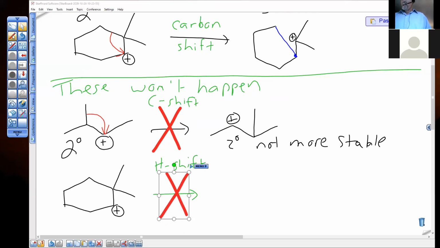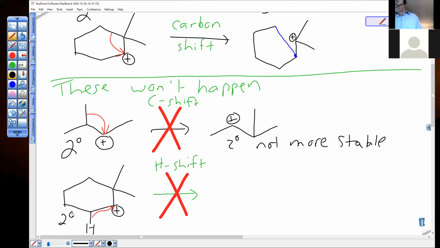And we could take this H here. We could try. Take its electrons. Move next door. And you'd be going from secondary again to another secondary. No motivation for that. So it won't happen. It's secondary. Not more stable.